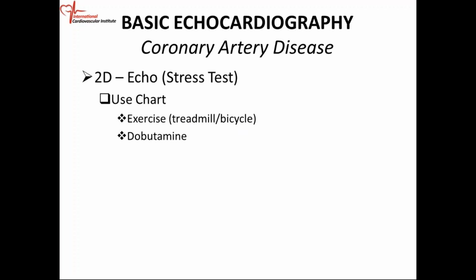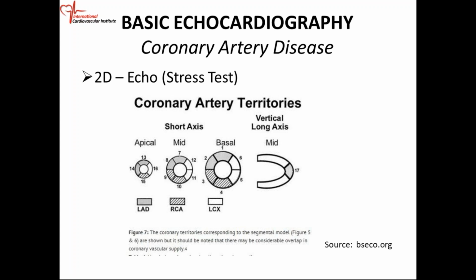The patient lies on their back and they hold on to something and they're pedaling the bike. So supine bicycle, or if the patient cannot exercise for whatever reason, you do a chemical stress test. We use dobutamine. Dobutamine is going to increase the heart rate, and we do the test.